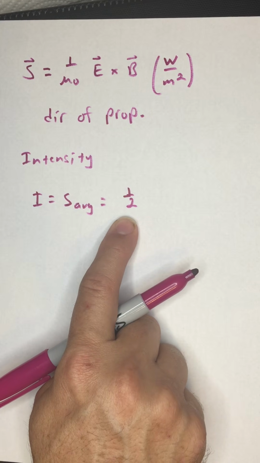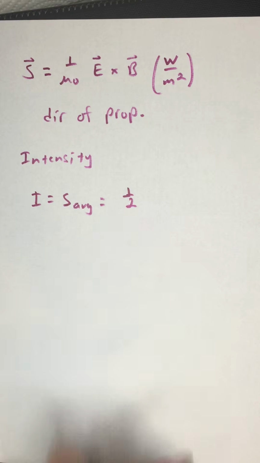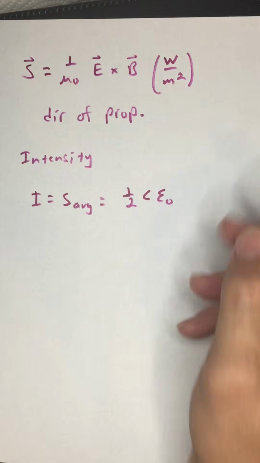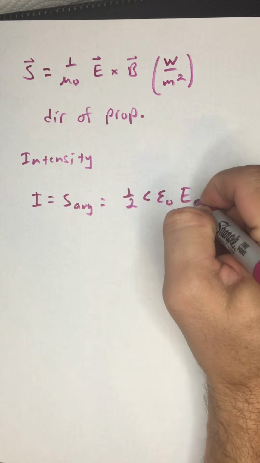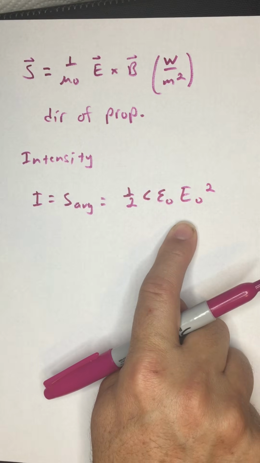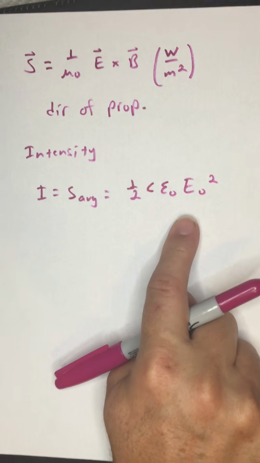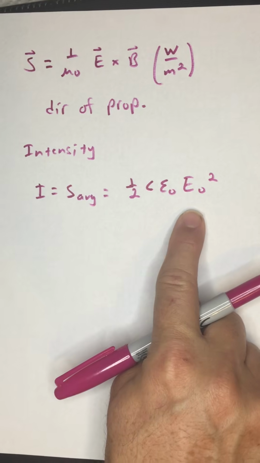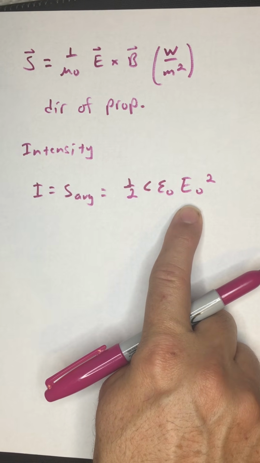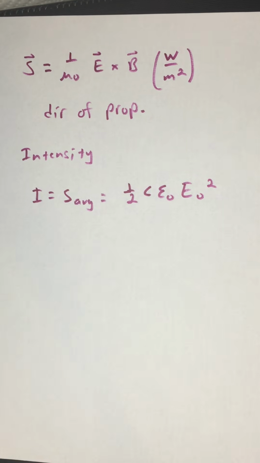So there's clearly some sort of averaging process that goes into this. And then c, the speed of light, epsilon naught, E naught squared, where E naught is the maximum value of the electric field, right, which you can pick off from a written equation of the electric field component. So this is the time averaged Poynting vector.